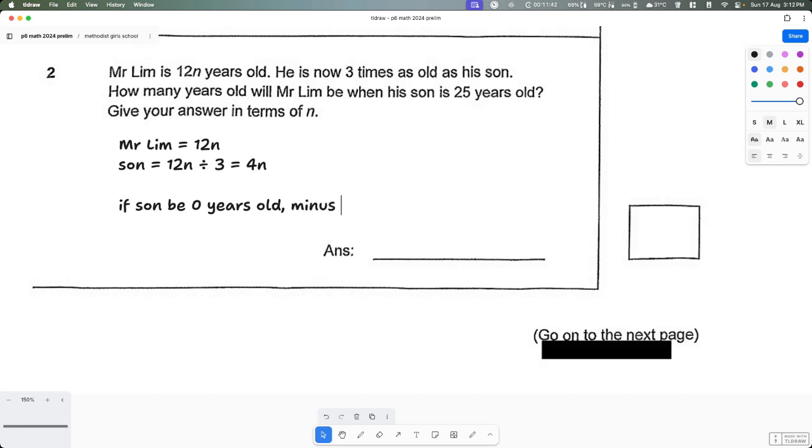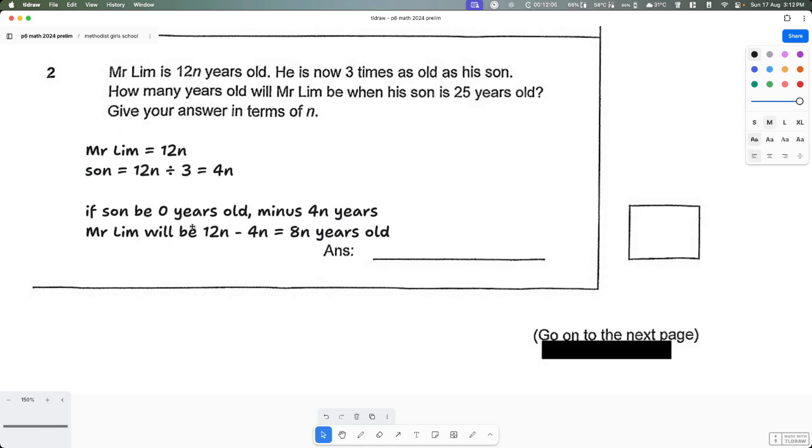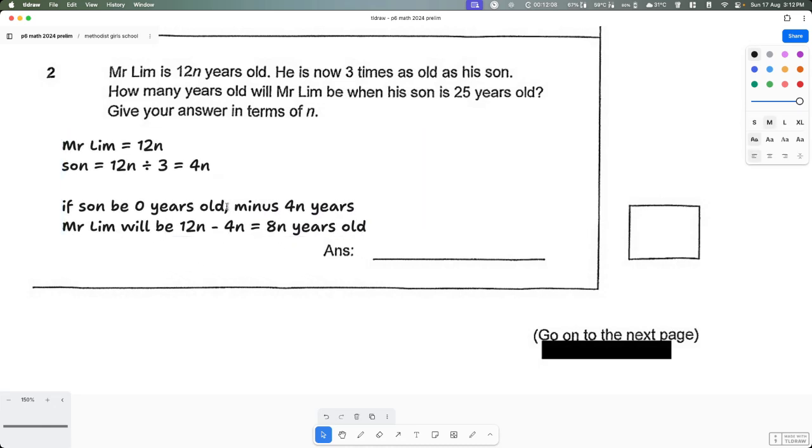So Mr. Lim will be 12n minus 4n, which is equal to 8n years old. If the son is 0 years old, then the son is equal to 4n minus 4n, equal to 0 years old.